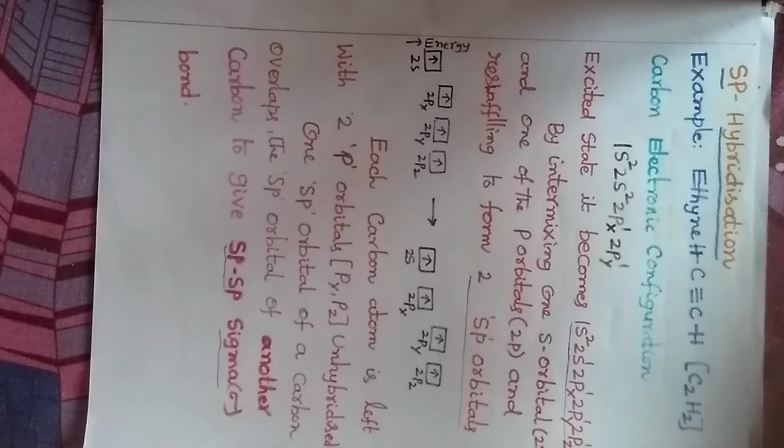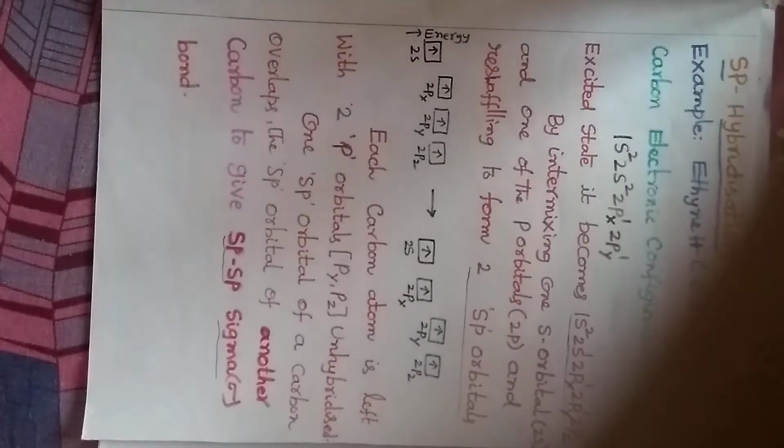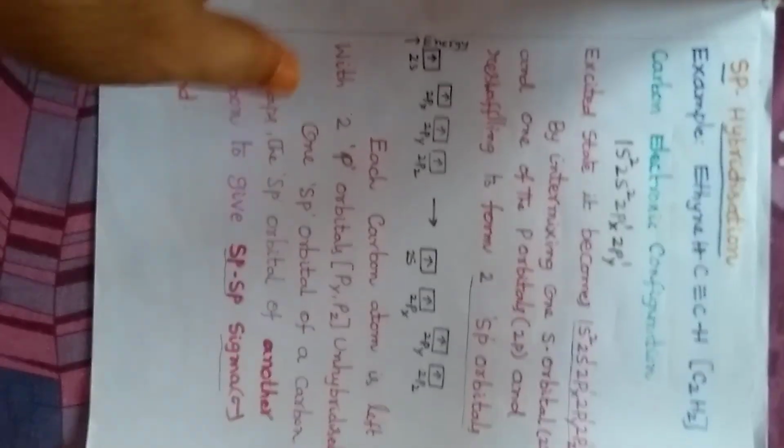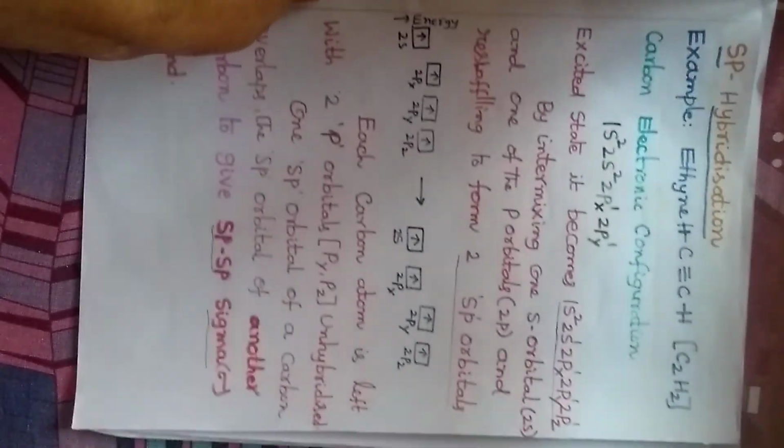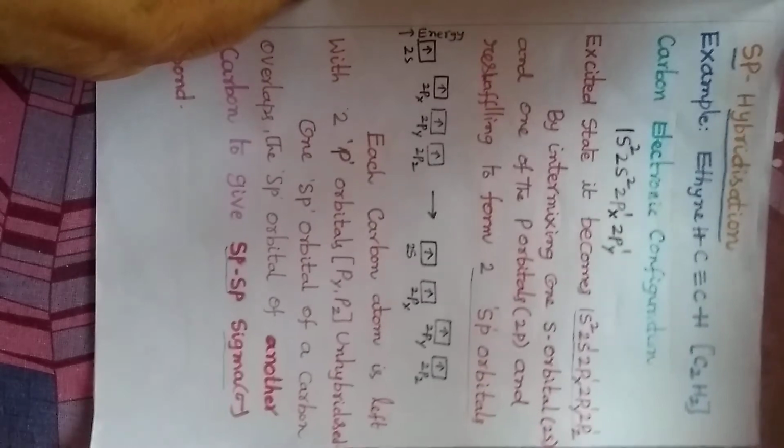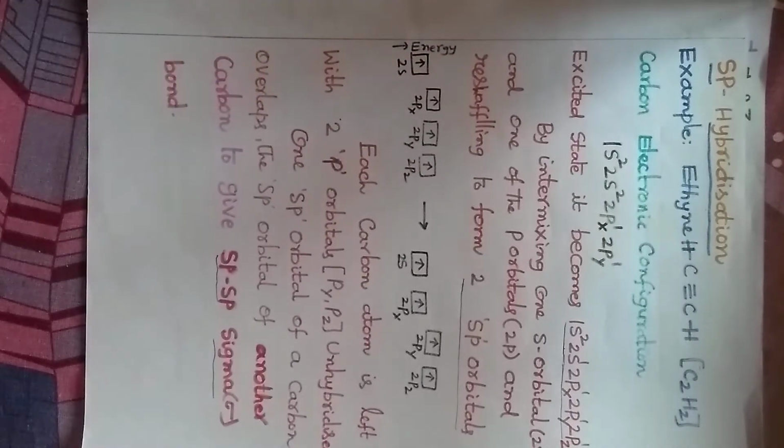ethyne. Okay. So the electronic configuration of carbon is 1s2, 2s2, 2px1, 2py1. In the excited state it becomes 1s2, 2s1, 2px1, 2py1, 2pz1, by intermixing one s orbital and one of the p orbitals and reshuffling to form two sp orbitals.